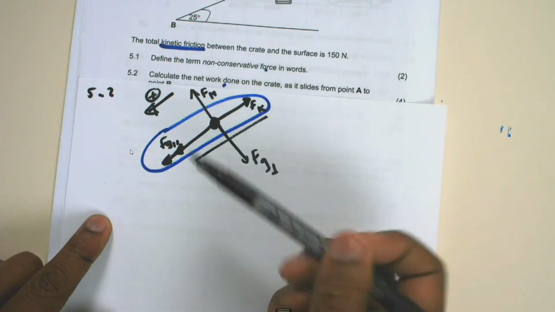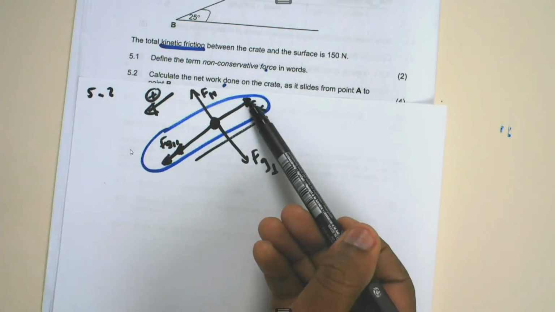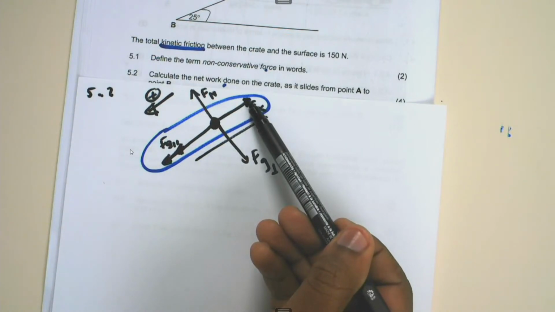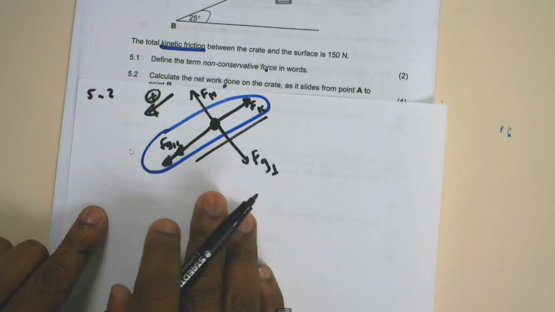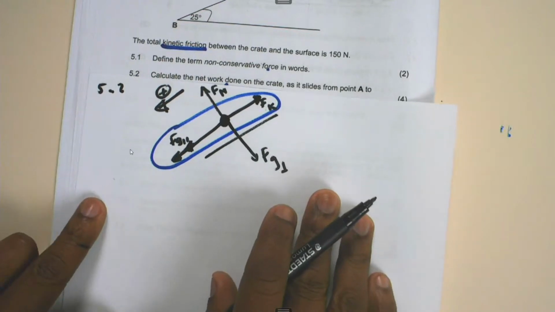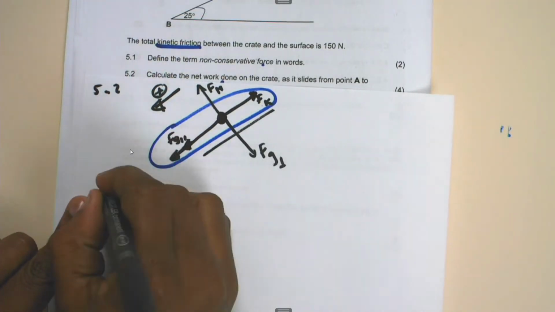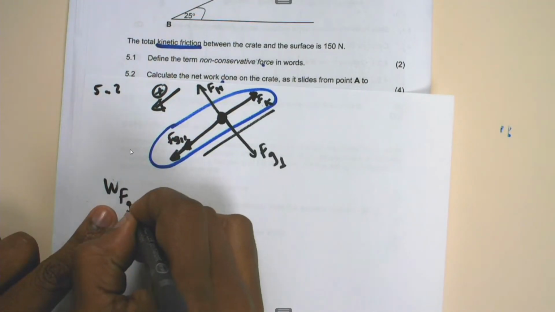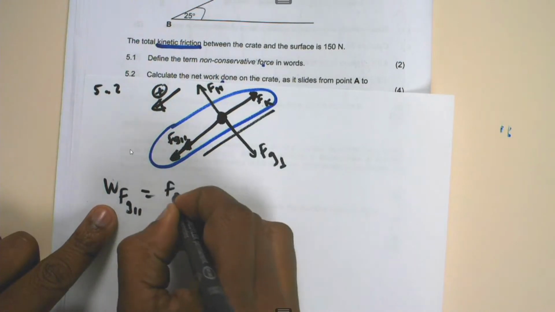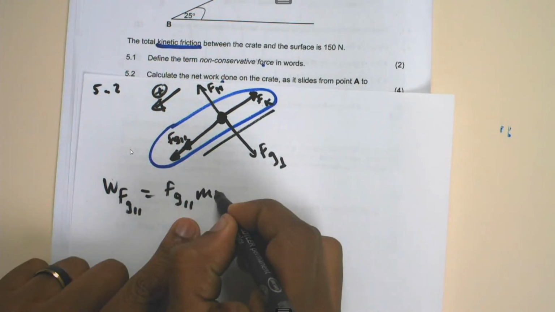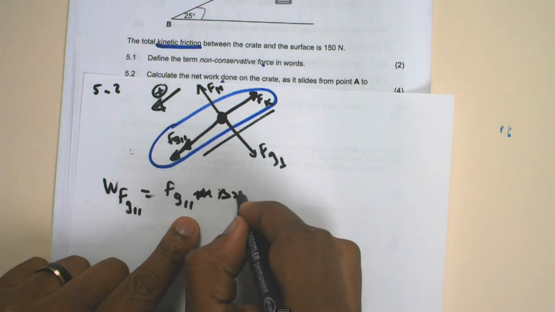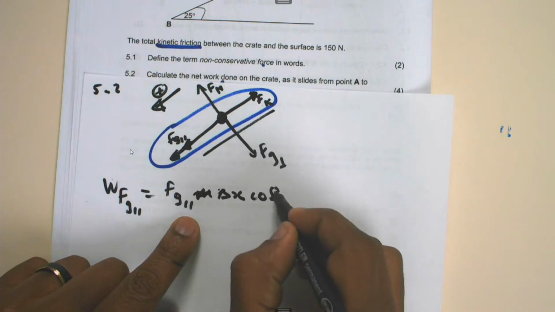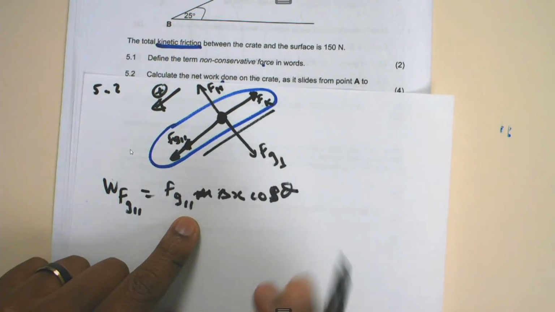If the force is in the opposite direction, we can use 180. So we can easily say work done by FG parallel is just FG parallel multiplied by cos of theta.